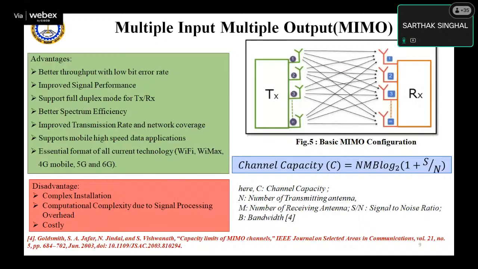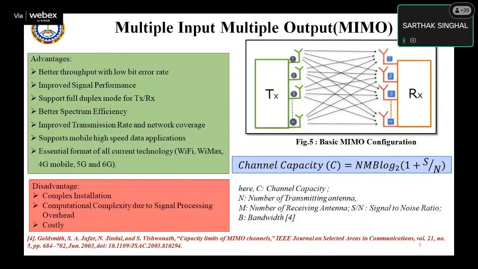It supports the full duplex mode, that is, the transmitter and receivers can communicate interchangeably, both ways, and better spectrum efficiency will be there. The transmission rate, that is your data rate, is also increasing, and network coverage is increasing. It can support high speed mobile data applications.